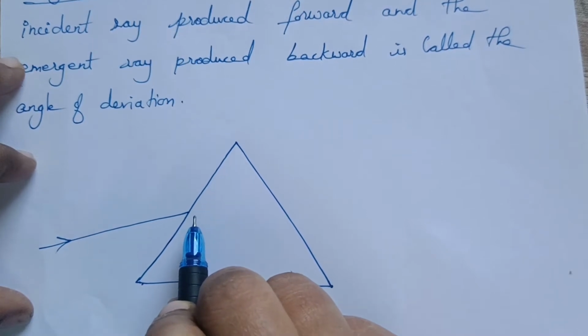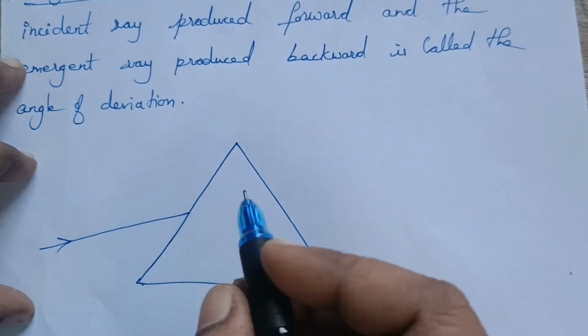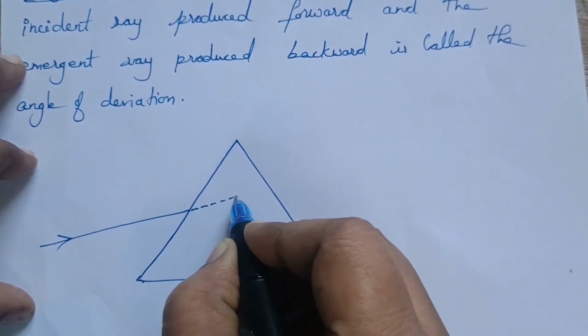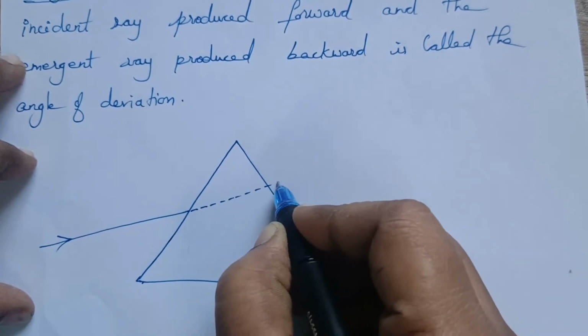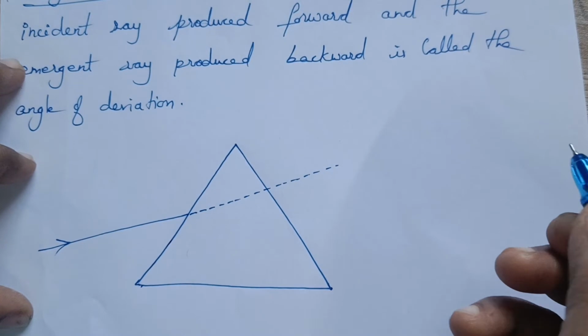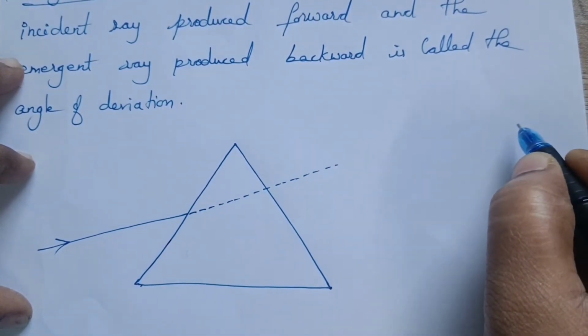If it is denser, what happens? It will bend towards the normal, right? Actually it is supposed to go like this. Light rays will go like this when there is no prism, in the same path without deviation.